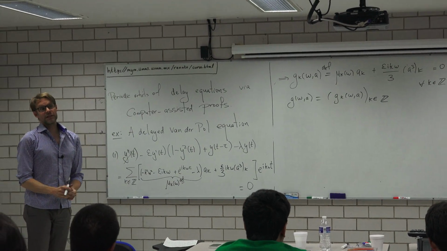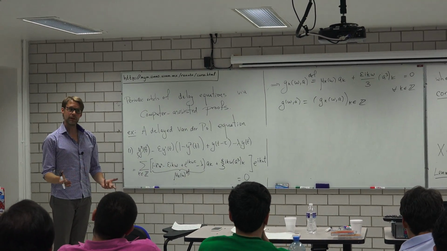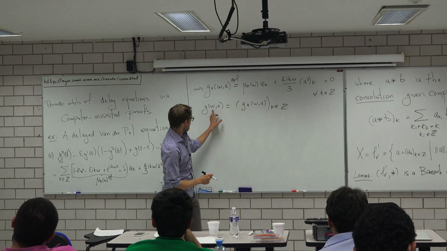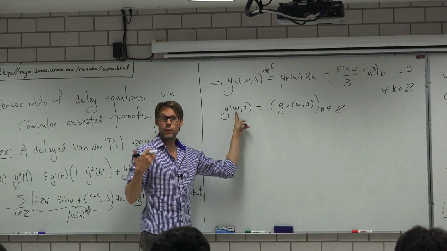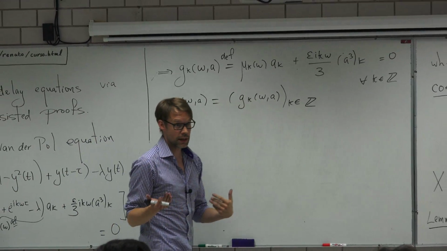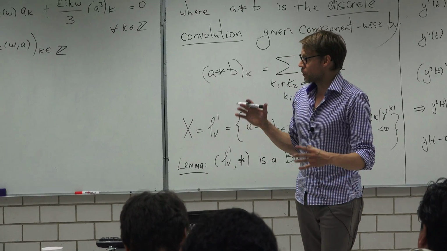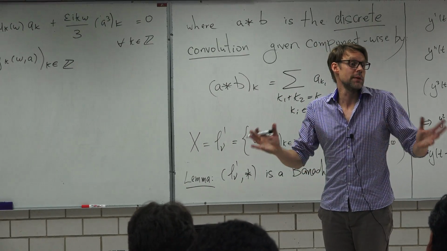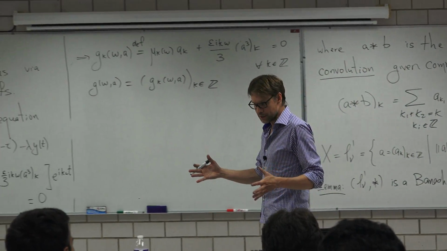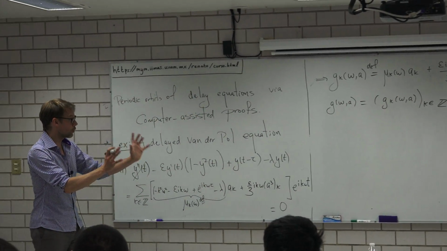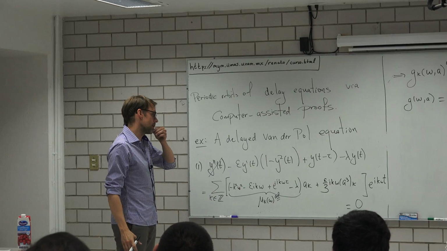Okay, so what is the next step? Now we have a map posed on an infinite dimensional space. We have to bear in mind here that omega, the a priori frequency, is not known. It's not like a system where I can fix a priori the period and then just look for it, because it may not just be there. It's not like in a Hamiltonian system where I can fix an energy or the period.